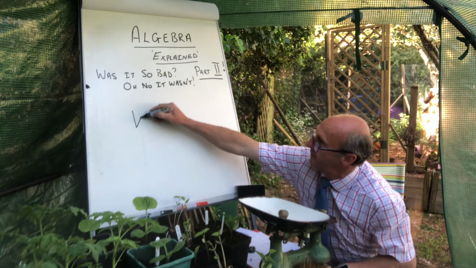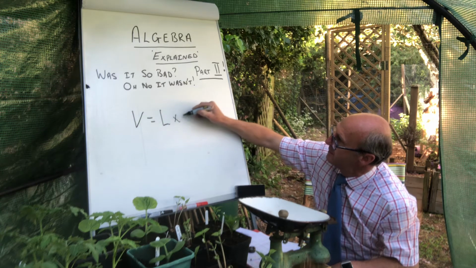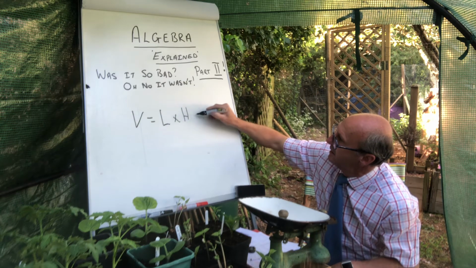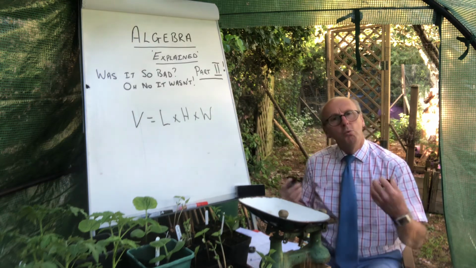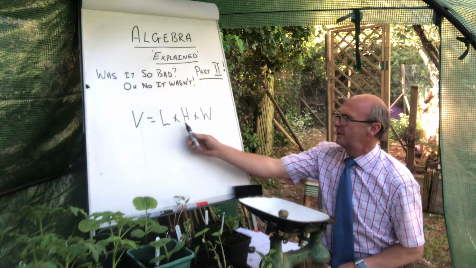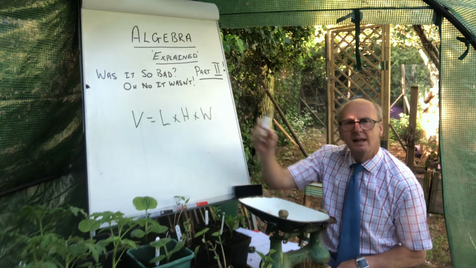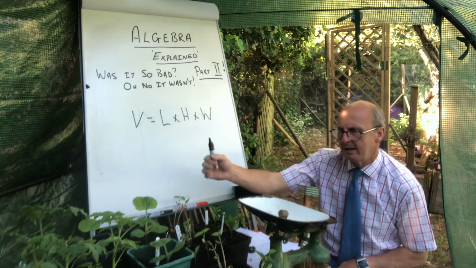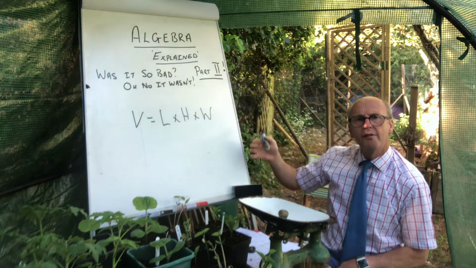So using the knowledge that we have of volume equals length times height times width, we can work out what any of these are. Now remembering, if we have to swap sides, yesterday when we added up all my plants, we took them away from the total.